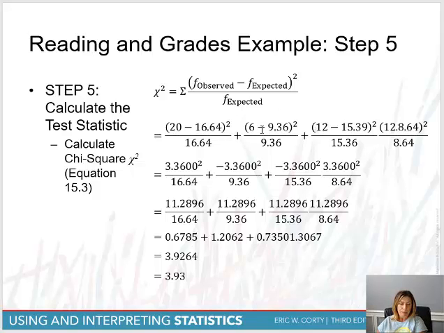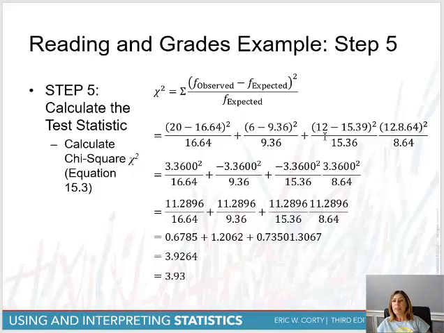For cell B, we have an observed frequency of 6, but we expected 9.36 for a difference of minus 3.36. You square that to get 11.2896, divided by the expected of 9.36 to get 1.2062.